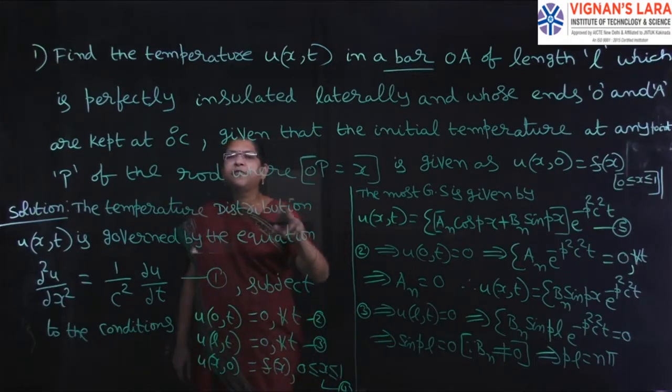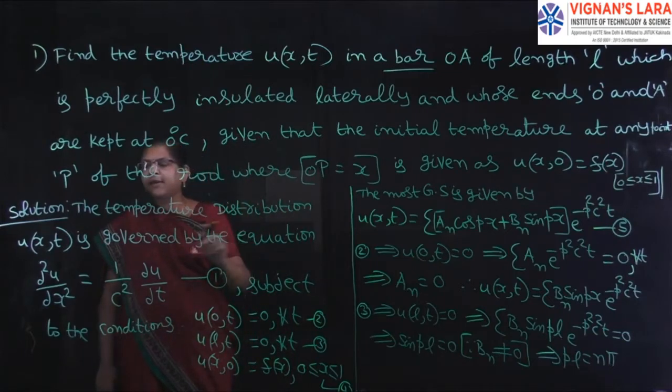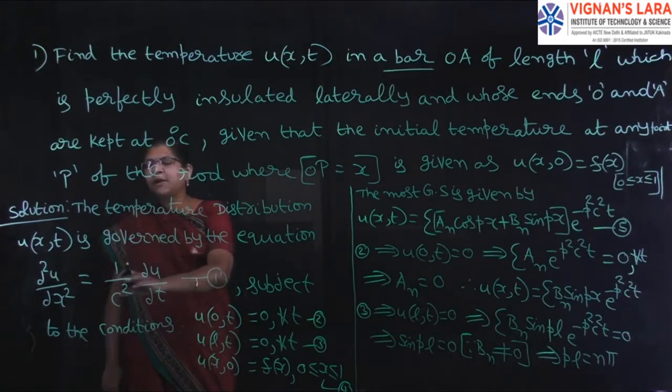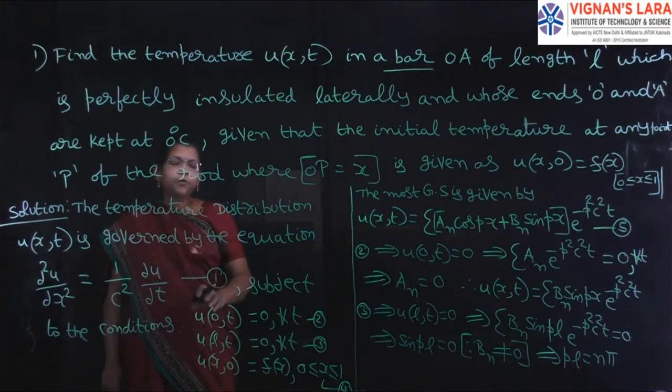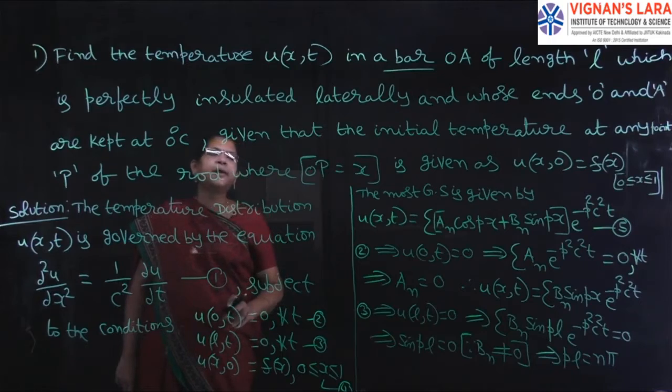The temperature distribution u(x, t) is governed by the equation ∂²u/∂x² = 1/c² ∂u/∂t. Take this as equation number 1. This is nothing but the general form of the heat equation subject to the conditions. I already said that you have to remember the three conditions.